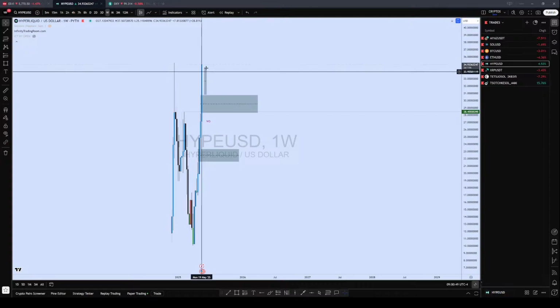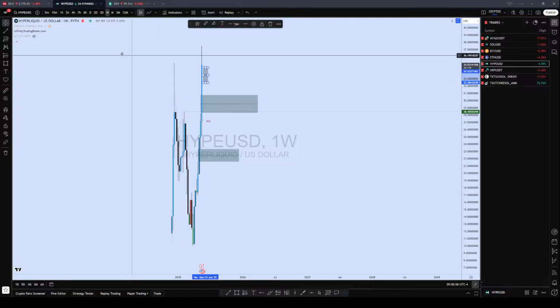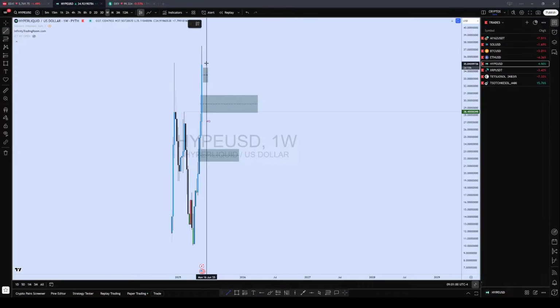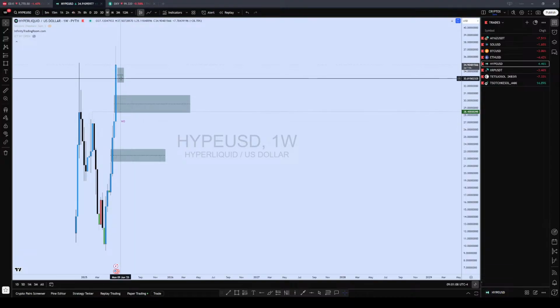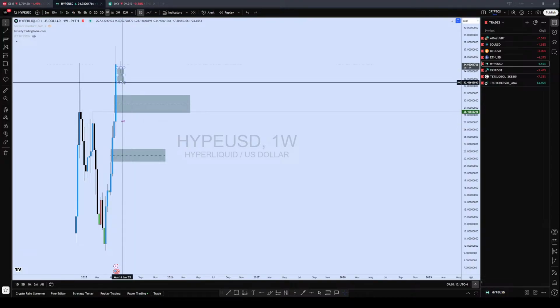So if it creates a gap, it might pull back into it and then go up. For next week's candle, I'd prefer a down candle as a reaccumulation, because we are overdue. The last time we had a down candle, we've had 1, 2, 3, 4 up candles. So next week might give us a down candle, a reaccumulation candle.